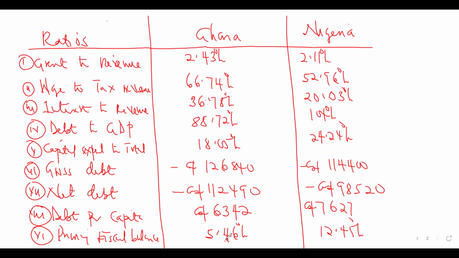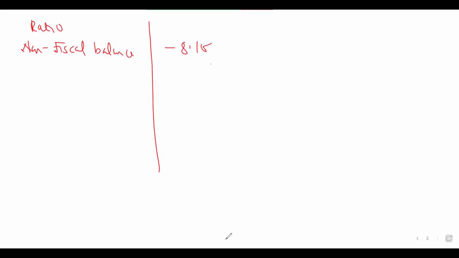So let me create another space over there. So we have the ratio. We have the non-oil physical balance. So we have negative 8.10%, and this will be 2.95%.